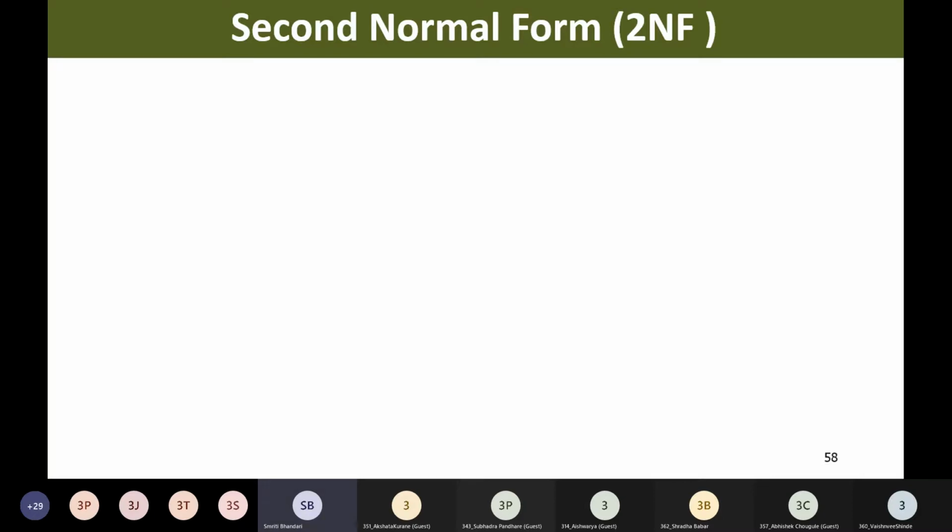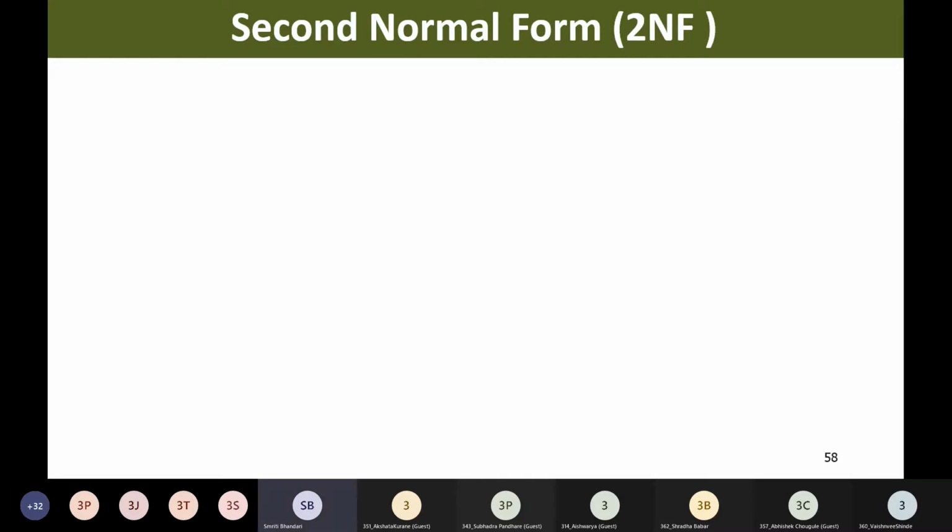So the first basic normal form that we would like to impose upon an unnormalized relation is the first. We have defined 1NF, and the definition of 1NF says that if the domain of every attribute in the relation is atomic, then we say that the relation is in 1NF.